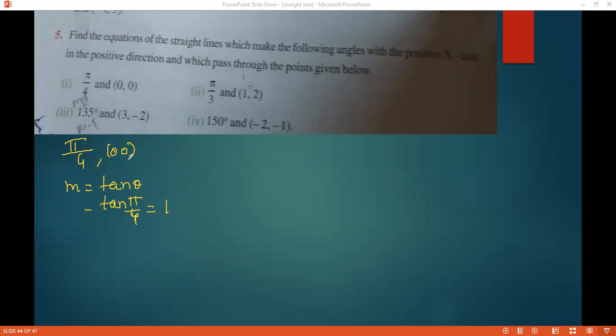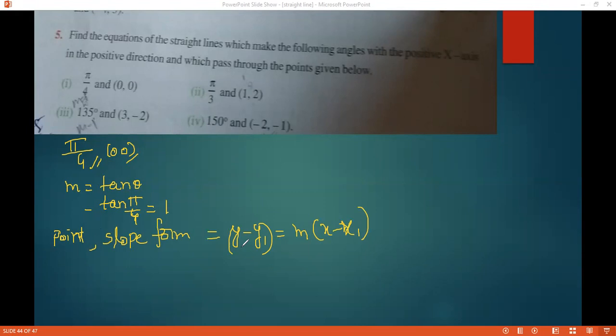Do you know point slope form? What is the point slope form of the equation? Point slope form is y minus y1 is equal to m times x minus x1.